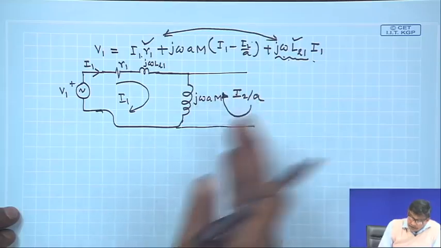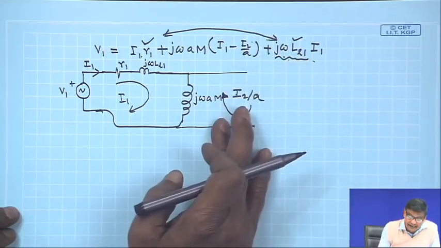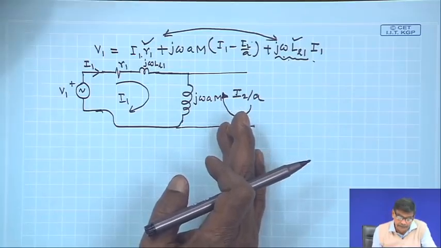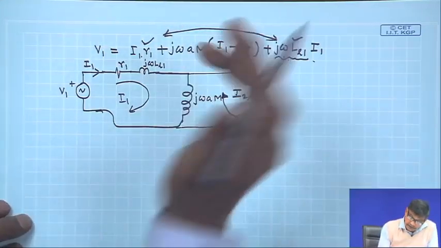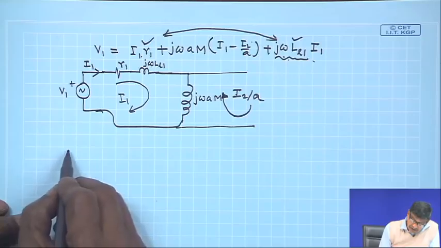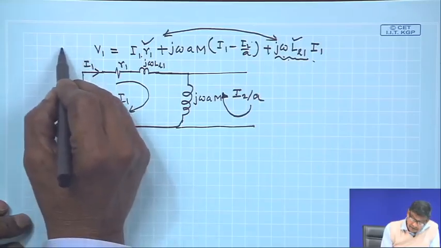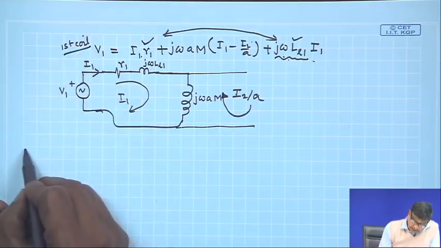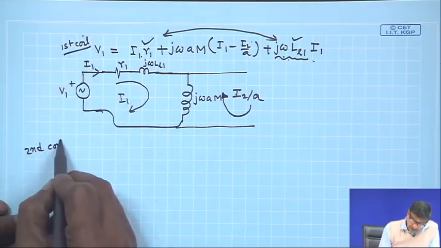Similarly, now the question is what is here on this side? Okay, the second equation will help me to do that. If you recall, this was the first loop, first coil KVL. The second coil KVL we have already got.